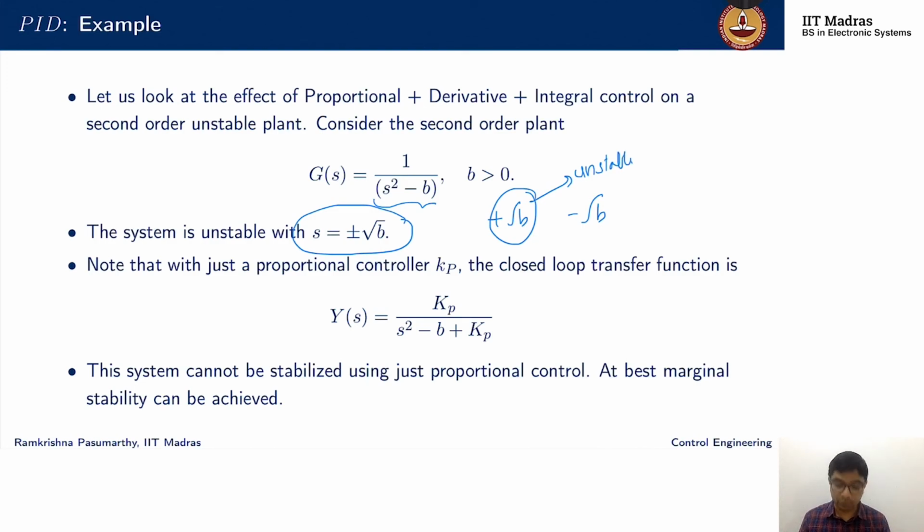If I just add a proportional controller, the Y of S now becomes something like this. You can put an R of S also. So what this shows is that the roots are now decided by S square equal to B minus Kp.